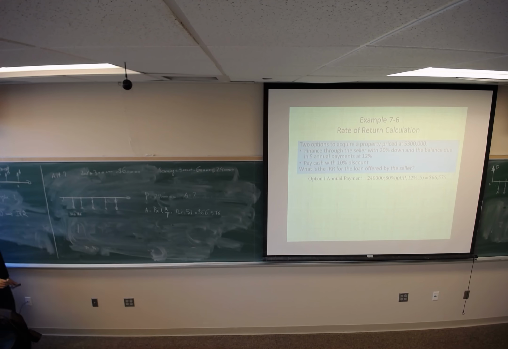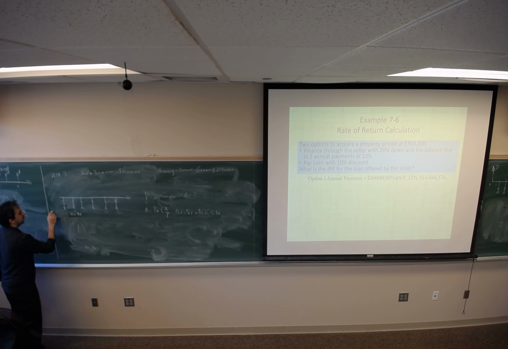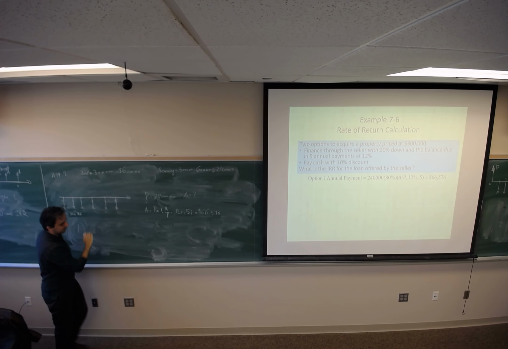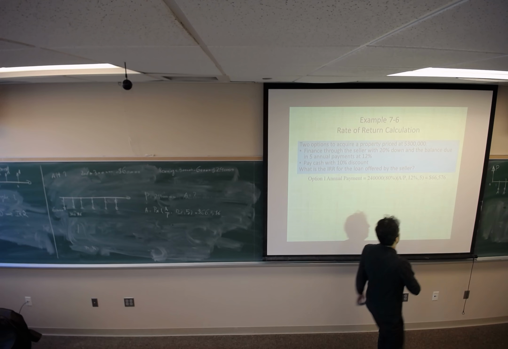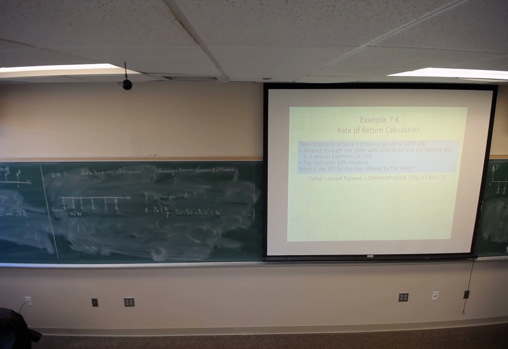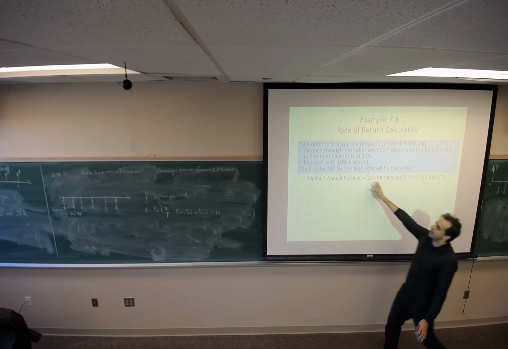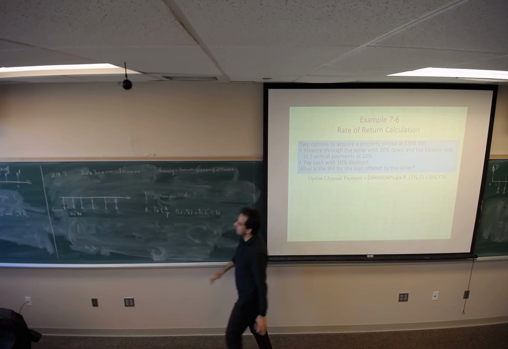So let's look at the first alternative. You pay 60,000 here plus this $66,576 for the next 5 years. Second option, it says if you pay cash, you can have a 10% discount.